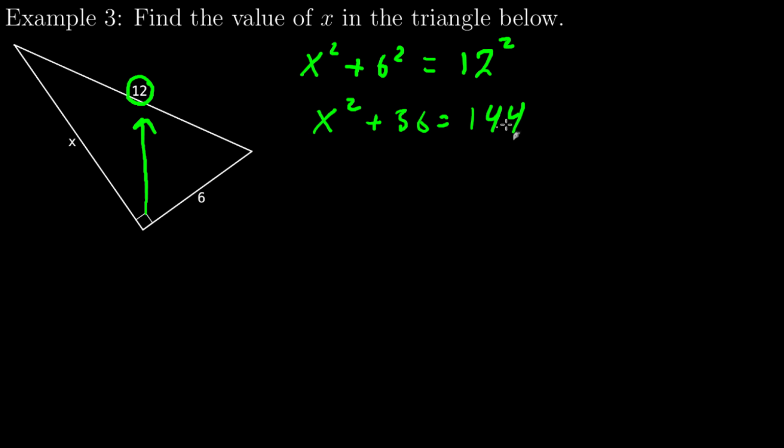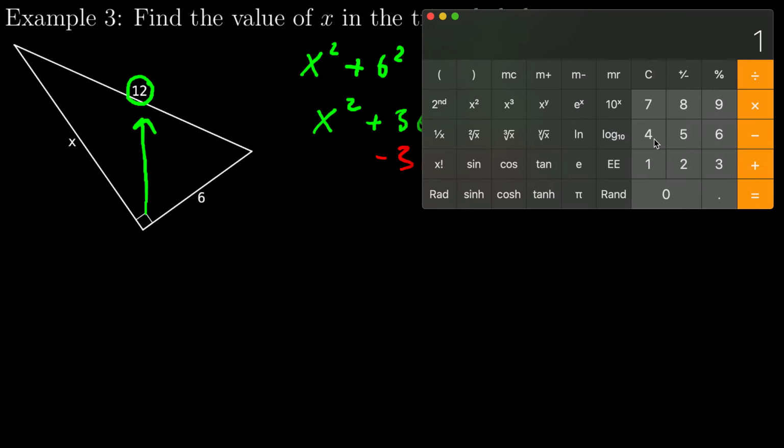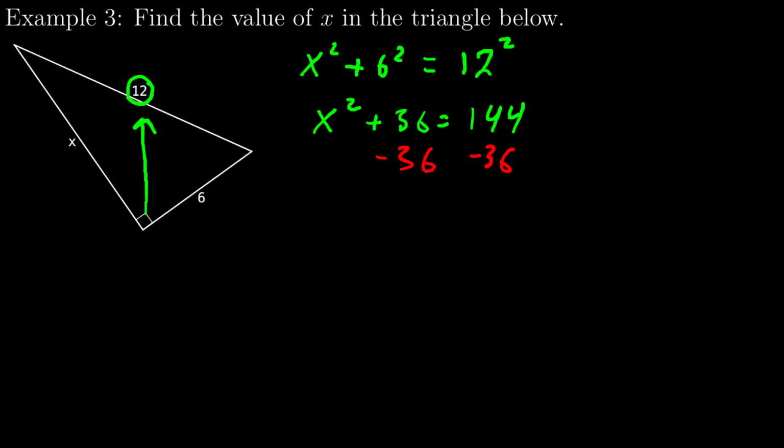I'm going to try to solve for x by first subtracting the 36 from both sides. And I'll go to the calculator. Don't really need it, but I'll go to the calculator. So 144 minus 36 is 108. So I'll get x squared equals 108.